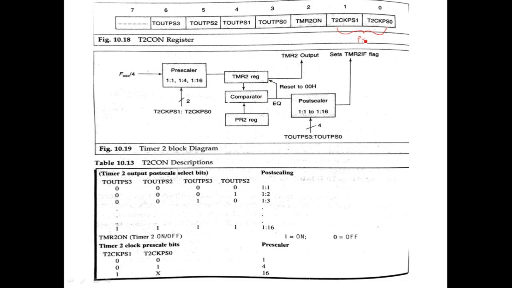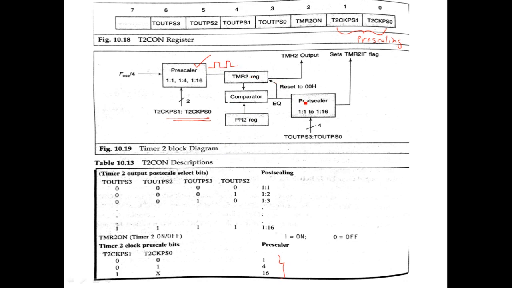So these are the pre-scaler bits. You can see their combinations 00, 01 and 1 don't care. So frequency will be divided either by 1, 4 or 16 at the most. Then that clock will be used as the input clock to this timer section.